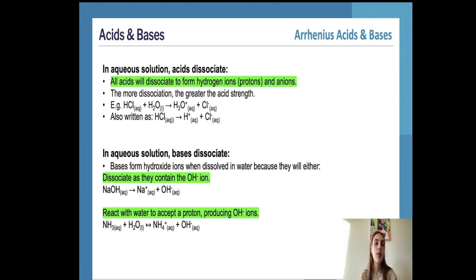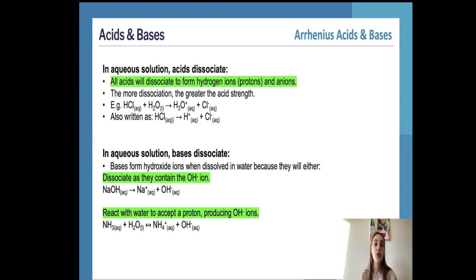So for example, if we consider a strong acid like HCl, in water, we know that HCl can dissociate and lose a hydrogen atom to the water, and so the water will gain a proton to form H3O+, which is characteristic of an acid.